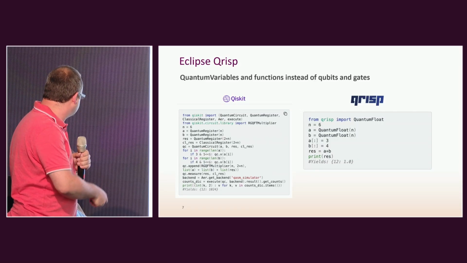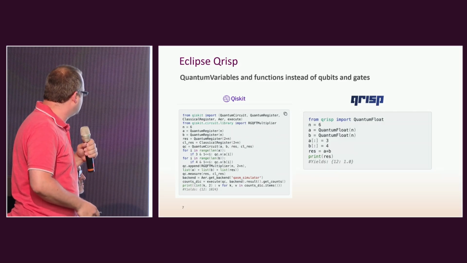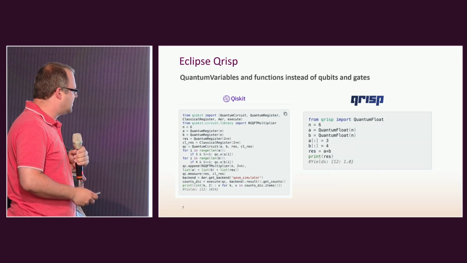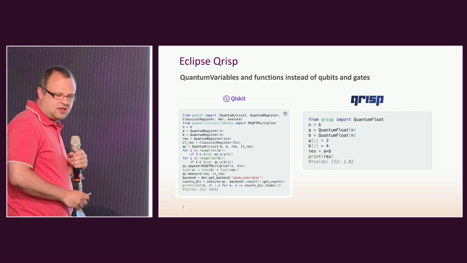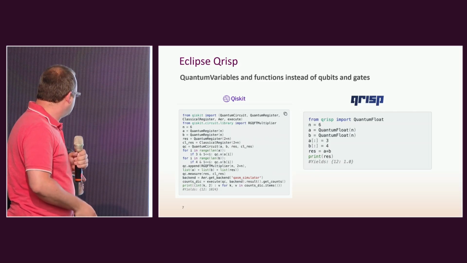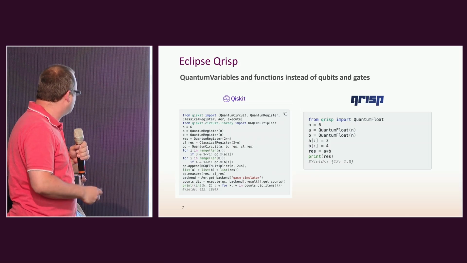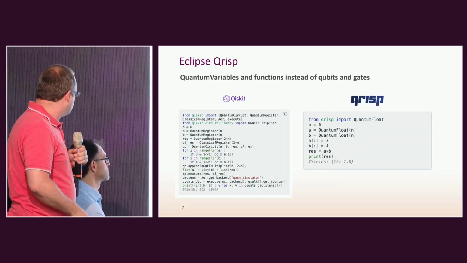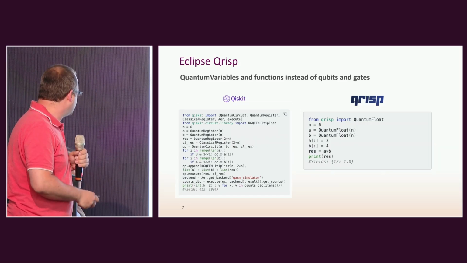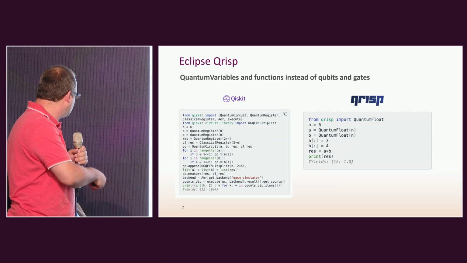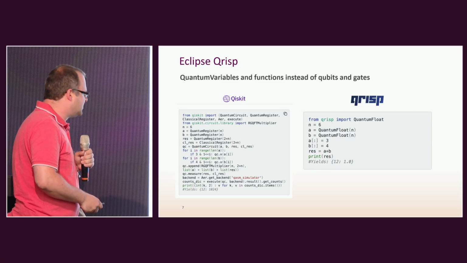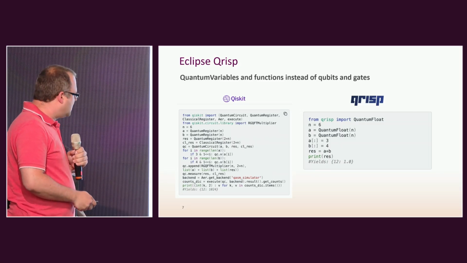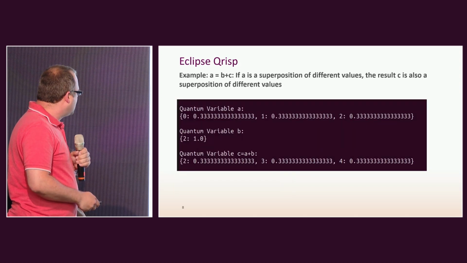And as a comparison, here on the left-hand side, you see Qiskit. Here the handling of the same problem is a little bit more complicated. You first have manually to assign quantum registers, and then do in a rather more complicated way the assignment of 3 and 4, and then call the multiplier to execute the operation.